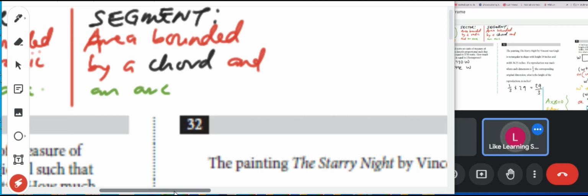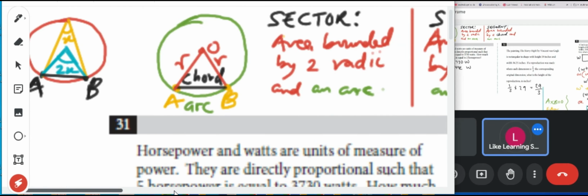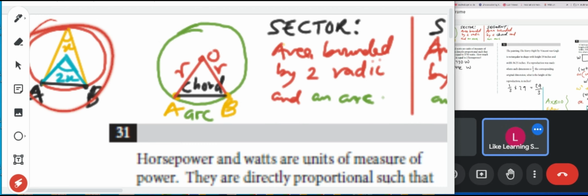All right. So I gave you the first rule, what we call circle theorem 1. Look at the first diagram on the left hand side.